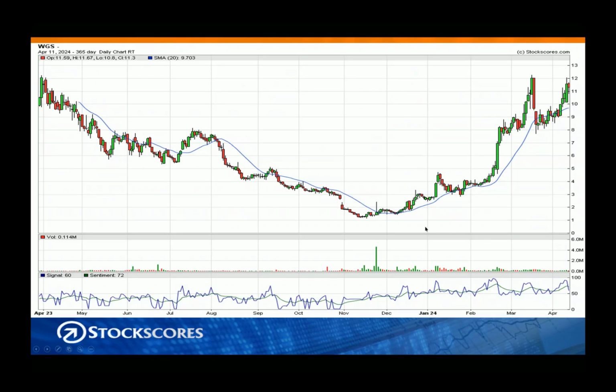This is a stock that at the start of January was at $3, and as of this afternoon, it was sitting at around $11.30. So that's a phenomenal gain.